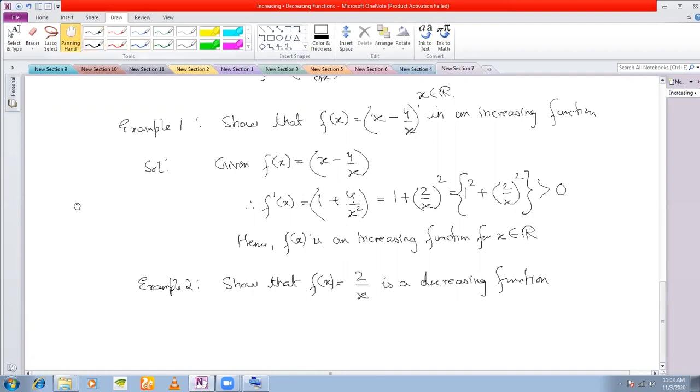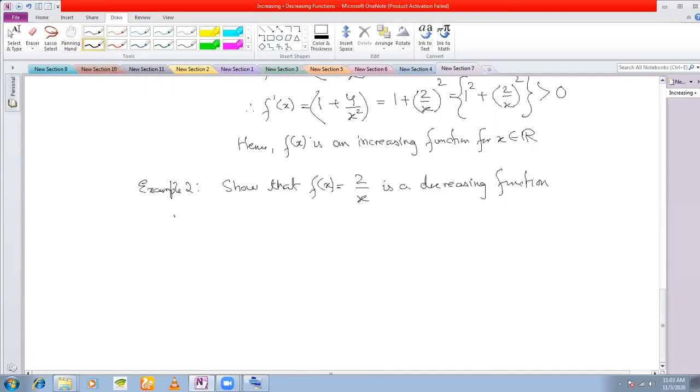How to show that this function is a decreasing function? So you say, and obviously it is given x belongs to R. X is a real number. The domain must be defined. So given here, f(x) is equal to 2 by x, x belongs to R. You differentiate this.